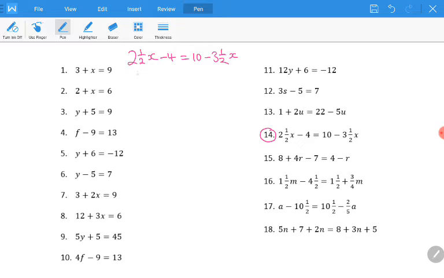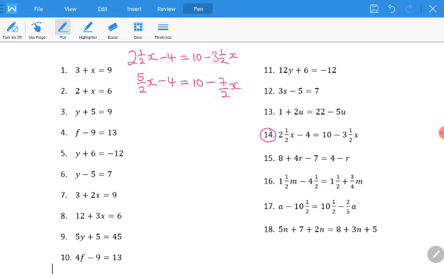So this becomes the whole number 2 times the denominator, 2 times 2, that's 4, plus the numerator, which is 1, this is 5. So as an improper fraction, it's 5 over 2x minus 4 is equal to 10 minus 3.5. If we make it an improper fraction, it will become 7 over 2x.